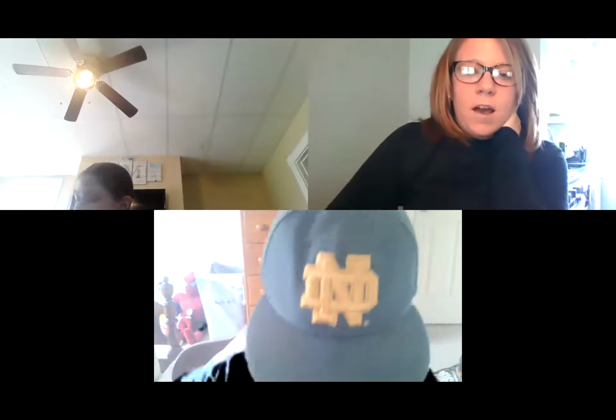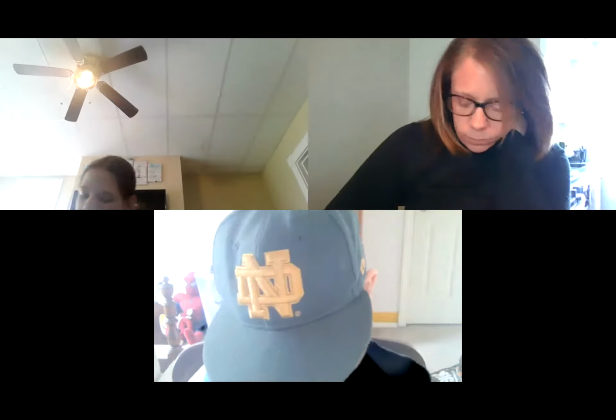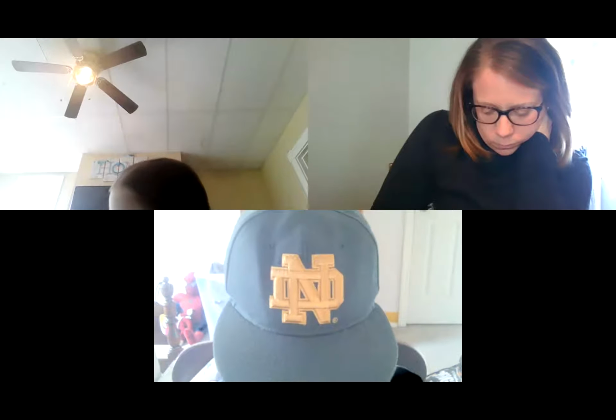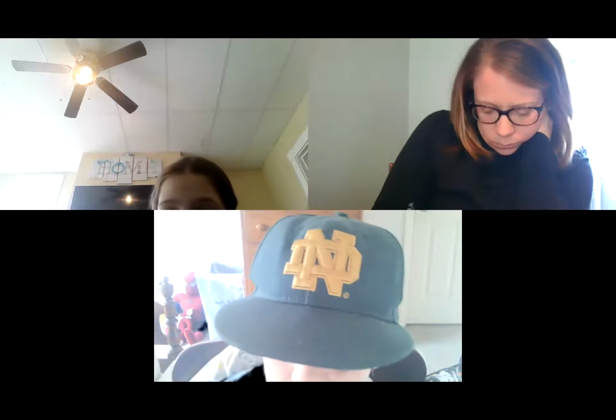Okay, so Gracie, how are we going to label our rectangle? 60 times 73. Let's do the side first. What do we label the side? 60. Yep. And then what do we label the top left-handed box? 70, and then the smaller box 3.